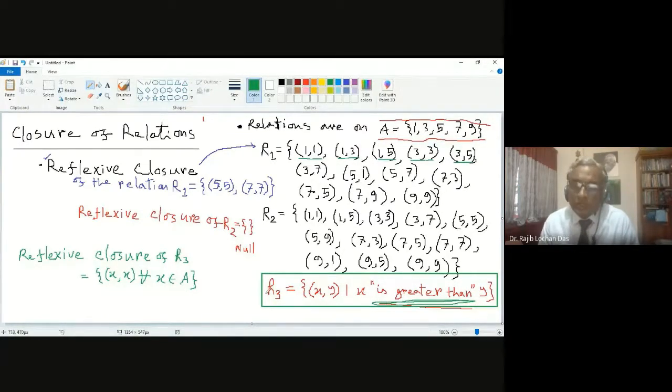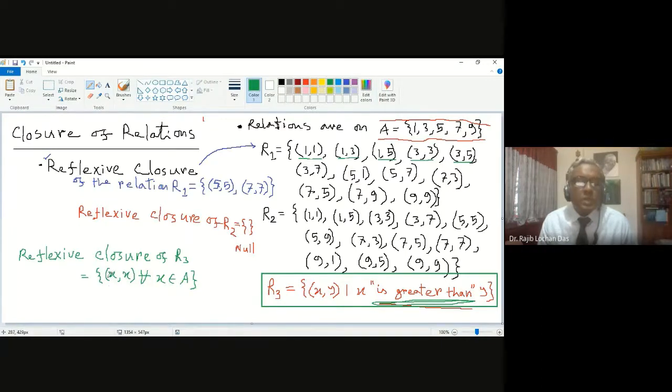This is not a reflexive relation, and there is no x comma x kind of pair. 1 comma 1 is not here, 3 comma 3 is not here, 5 comma 5 is not here. So the reflexive closure relation will be everything. Everything should be included.